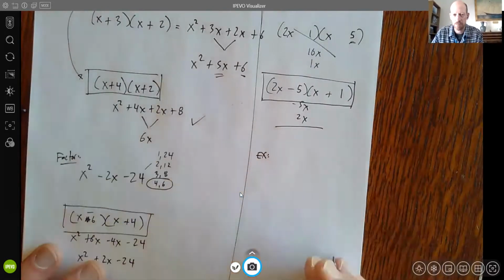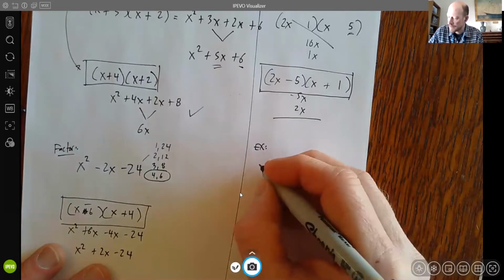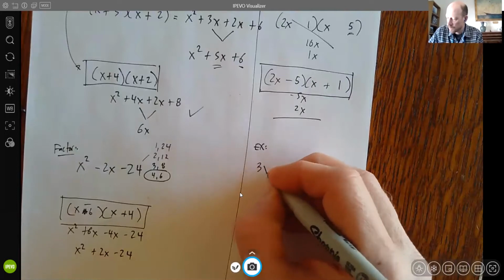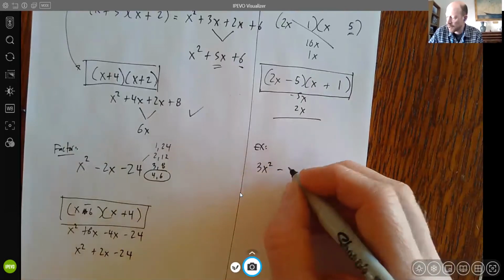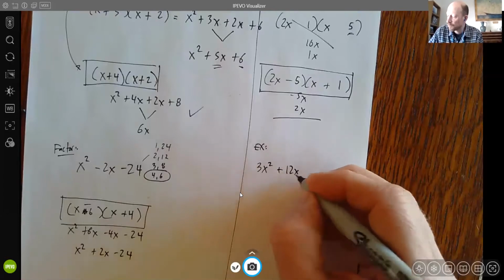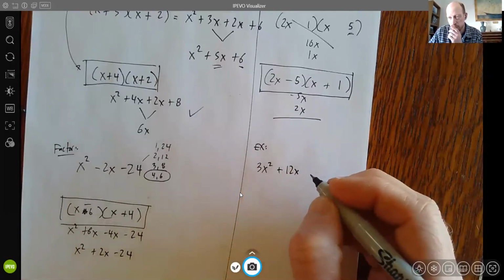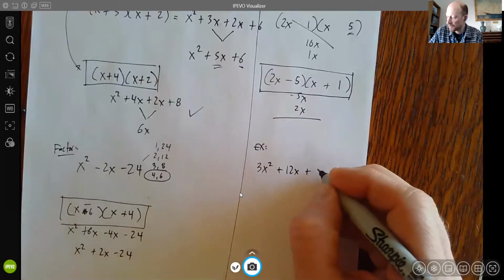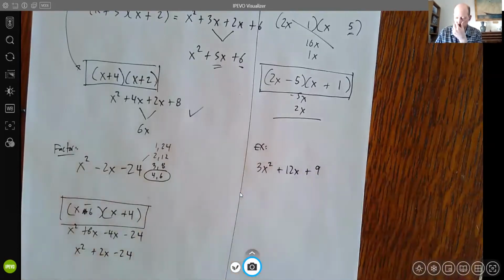Let's try another example. Let's try 3x squared plus 12x plus 9.